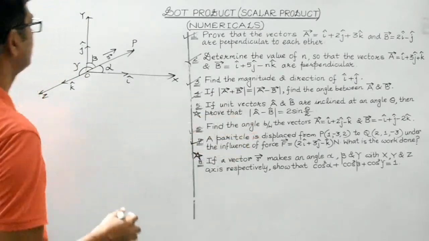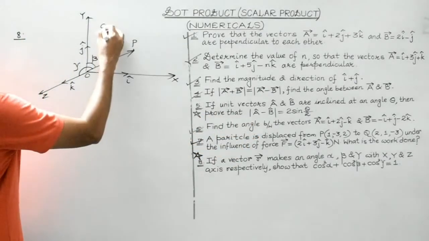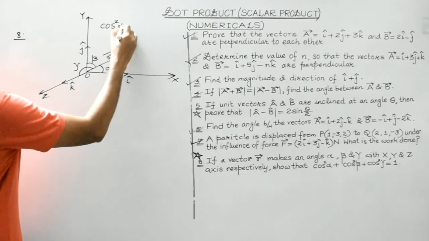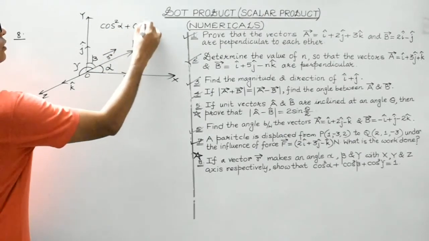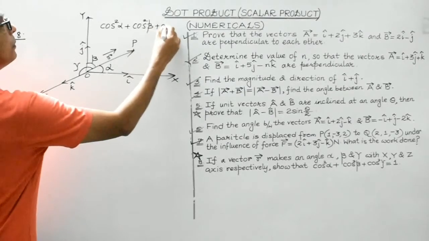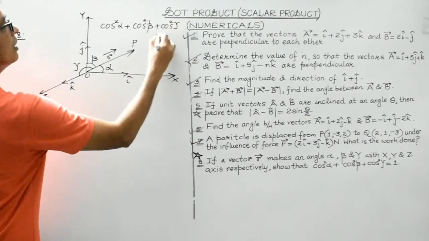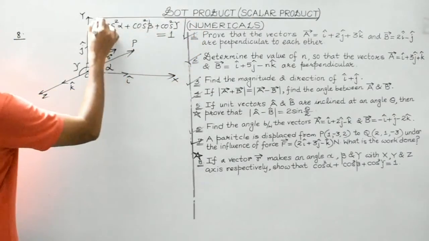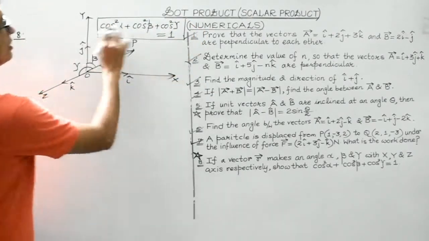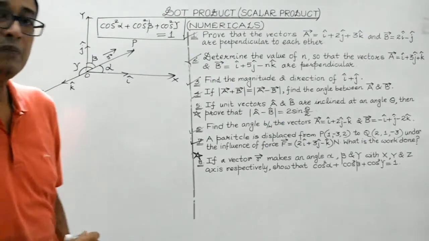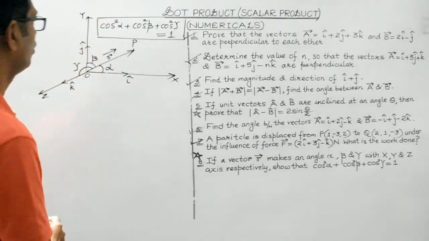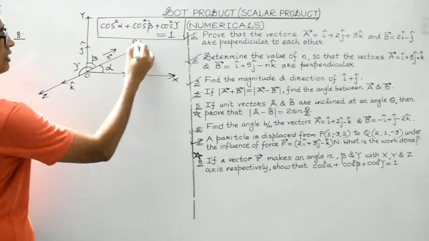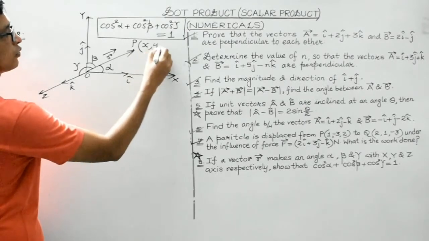We are supposed to prove that cos square alpha plus cos square beta plus cos square gamma is equal to 1. This is a very important result and it needs to be mathematically proved, right? So let us consider the coordinates of P are x, y, z.